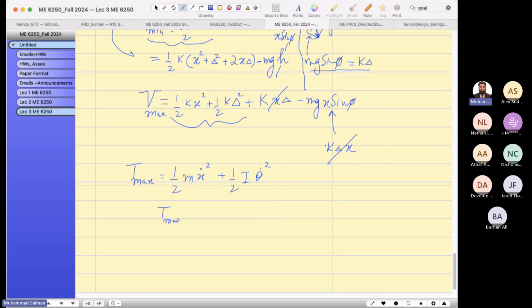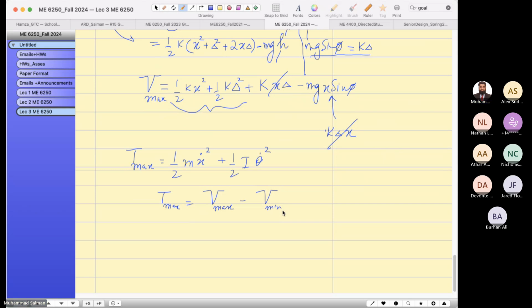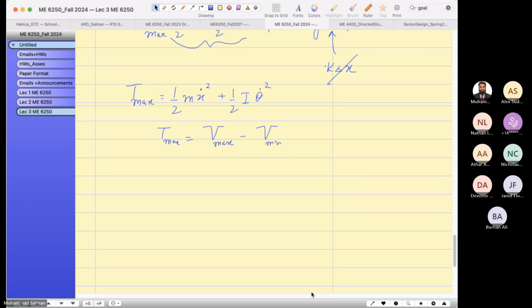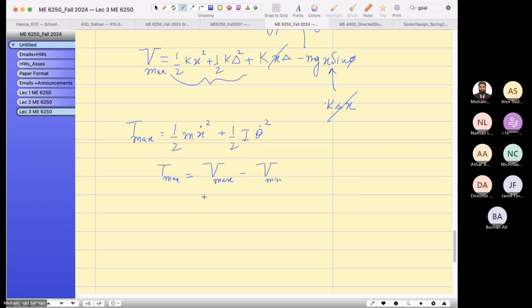T max equals V max minus V min. Let's plug in everything here: half m x dot square plus half I theta dot square equals half.